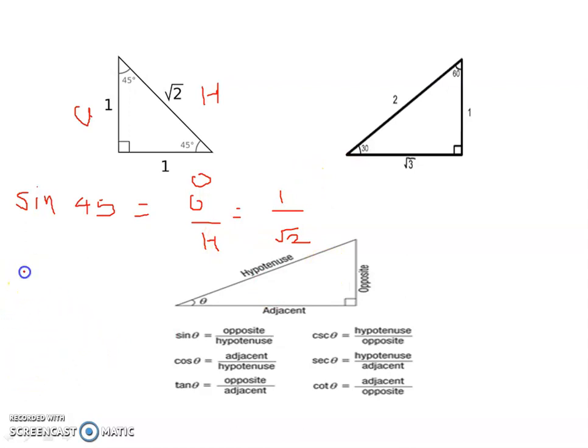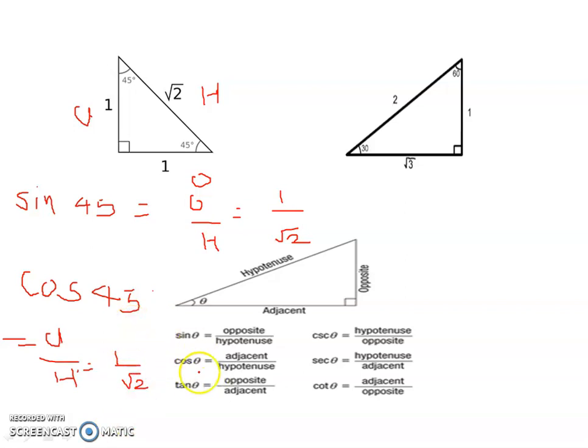Now we take cos. Cos 45 is adjacent upon hypotenuse. What is the adjacent side? It is 1, upon hypotenuse root 2.